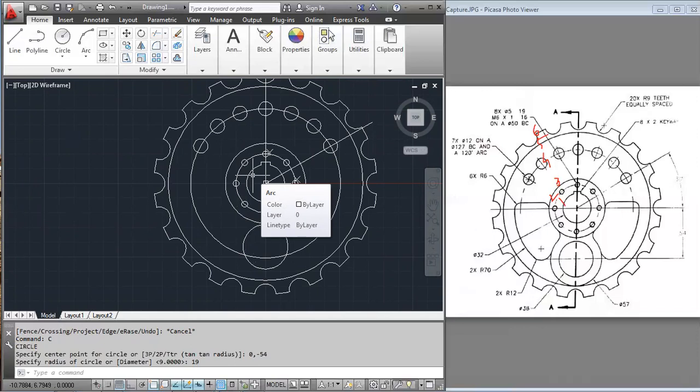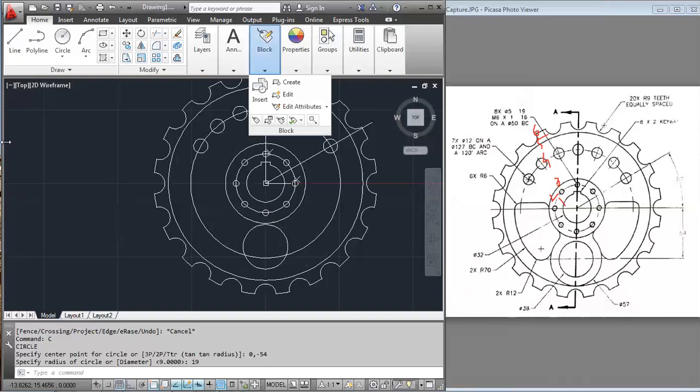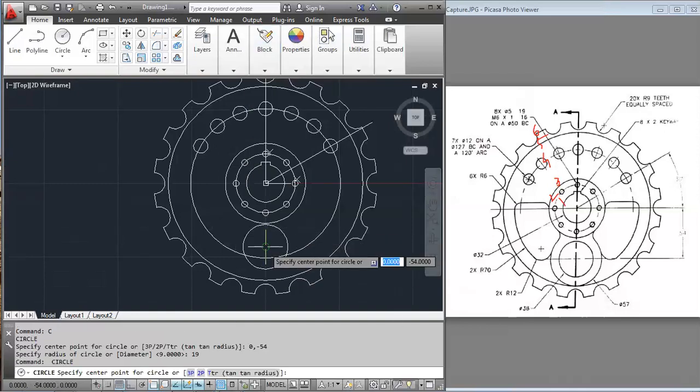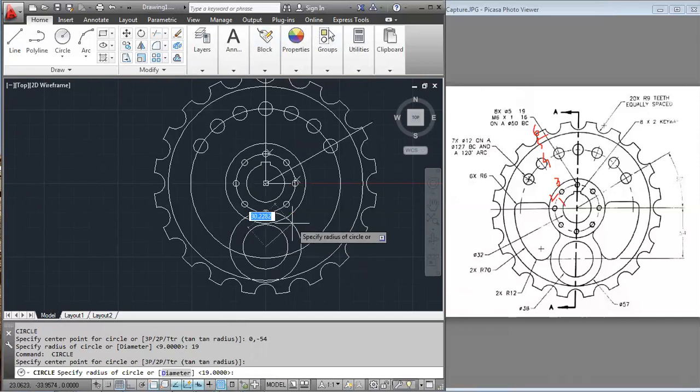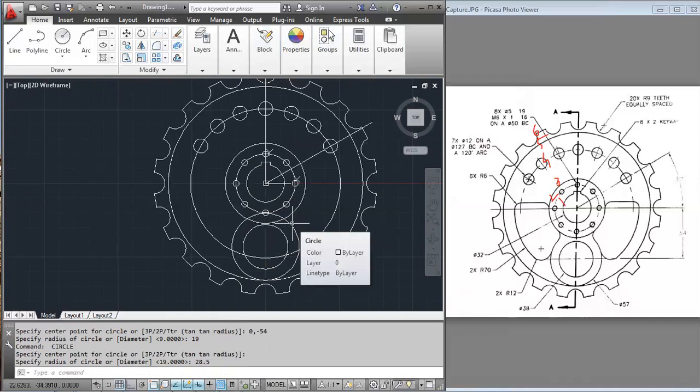Okay, so the second one is 57. The diameter for the second one is 57. Again, go for the circle. We do already have the center. So 57 divided by 2 equals how much? 28.5, right? We have got this one as well.